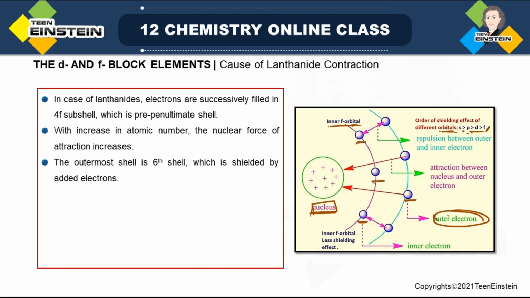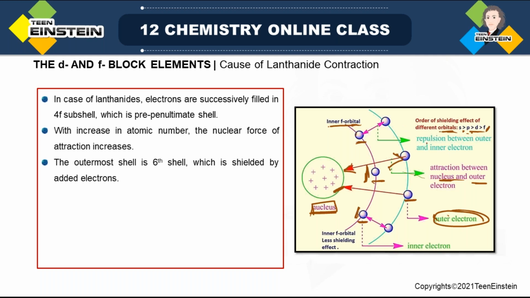That means these inner f electrons cannot shield the outermost electrons from the positive charge very effectively. And as a result, the attraction between this positive charge and the outermost electron becomes very strong. As a result, the size will shrink as we move from left to right, that is with increase in atomic number. So this is the reason why gradually as we move from left to right, size is decreasing.